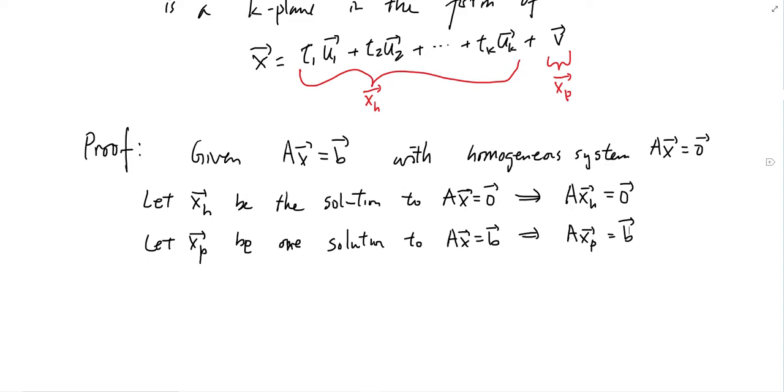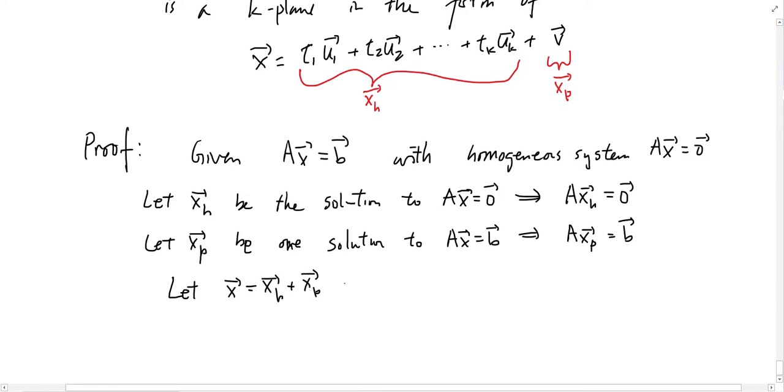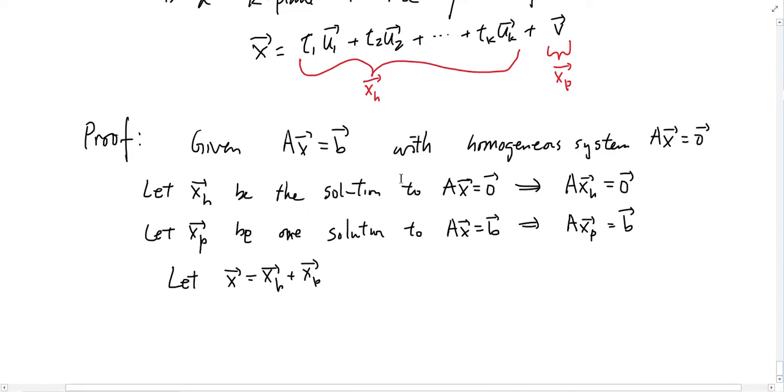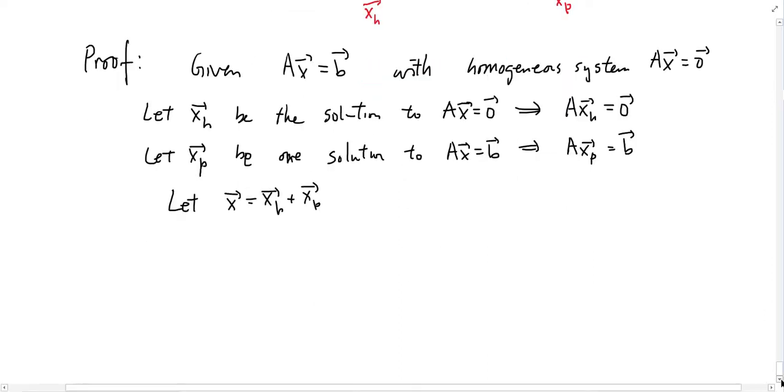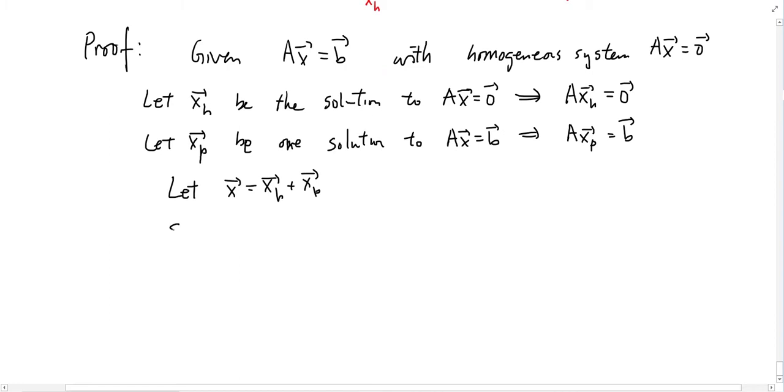So now I'm going to let our solution vector x be the sum of these two vectors. What I want to show is that this satisfies the equation. I need to show that vector x equal to vector x sub h plus vector x sub p will satisfy the system.